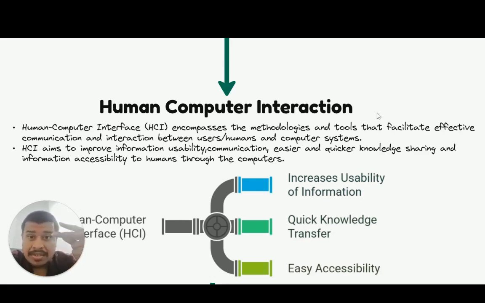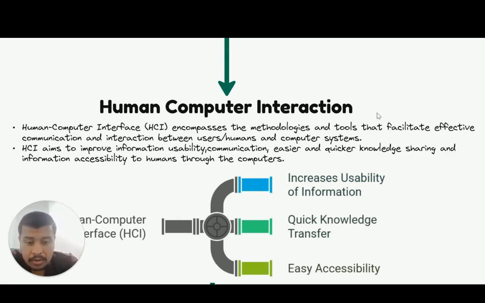Second of all, it has developed a medium for the whole species for quicker knowledge transfer, or communication between two different humans or individuals across the world regarding any new innovation or anything.